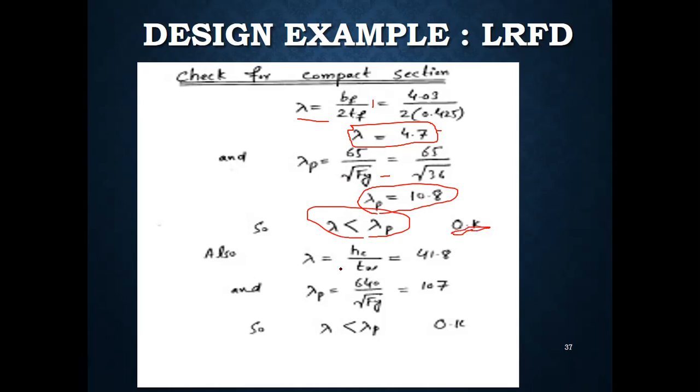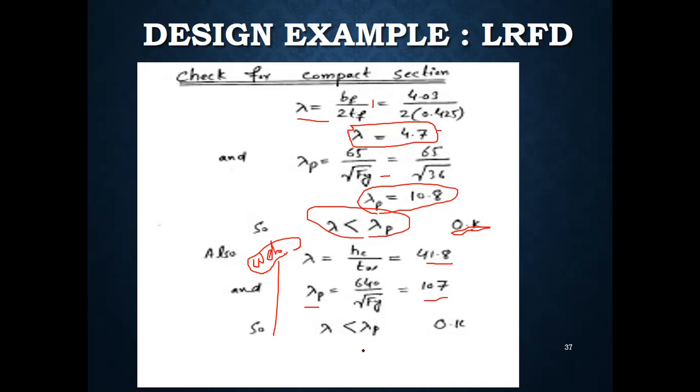Then we are going to check the compactness of the webs, and for the web we have the formula lambda is equal to H by TW. So we noted from the table that H by TW is equal to 41.8, and the formula for lambda p for webs is 640 by root Fy, and it comes out to be 106.7.